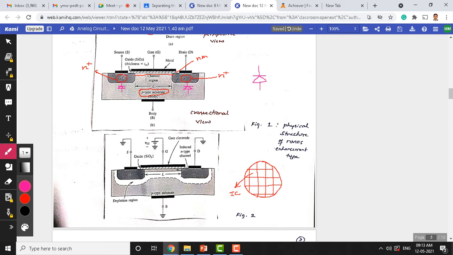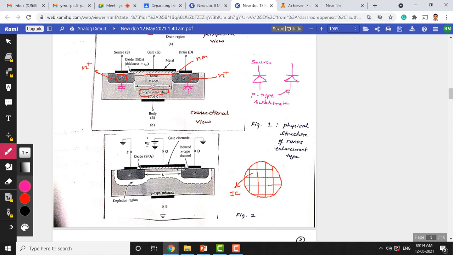So in this, the PN junction formed here in the source region, the N plus region acts like a source, and this substrate region acts like an anode here. So this is a P type substrate. Likewise, we have another diode at the drain region, whereas this is again P type substrate.